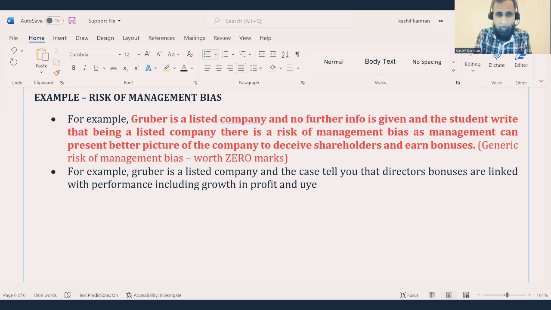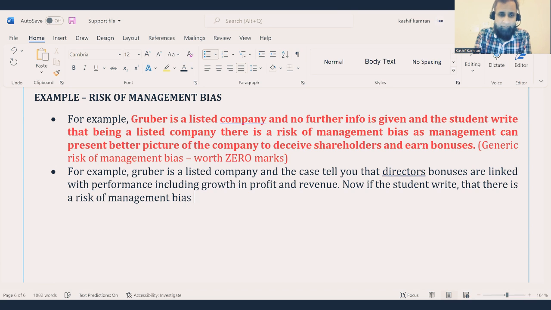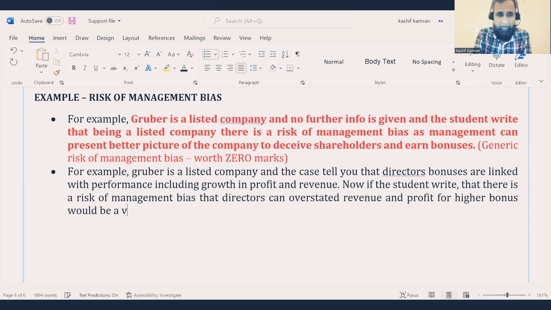Directors' bonuses are linked with performance, including growth in profit and revenue, full stop. Now if the student writes that there is a risk of management bias, that directors can overstate revenue and profit for higher bonuses, that would be a valid risk of management bias.